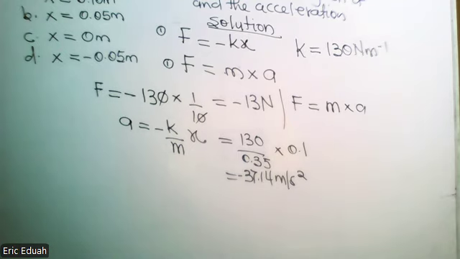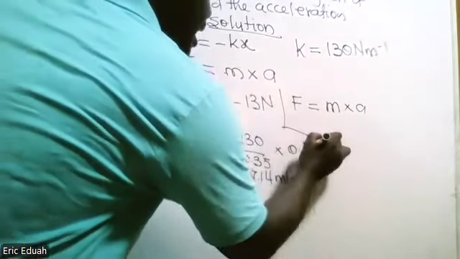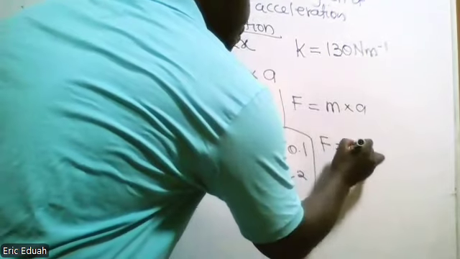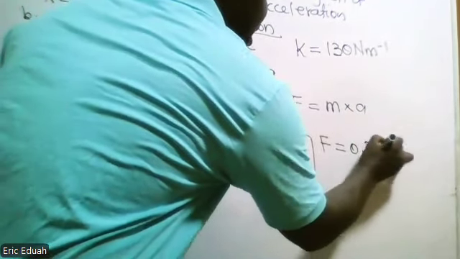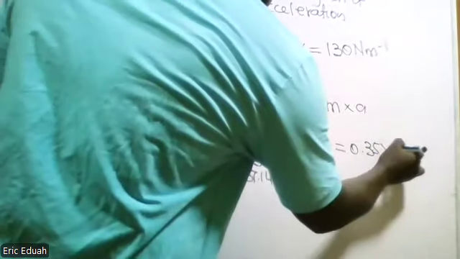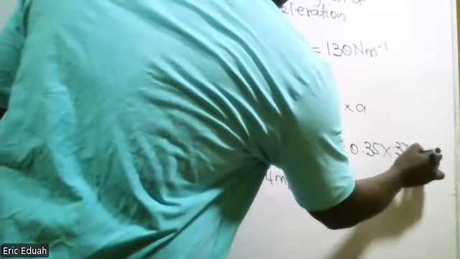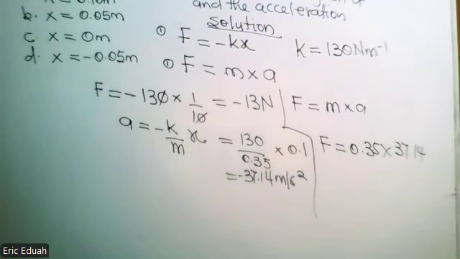So is the force too. If I use this to calculate the force, then F would also be equal to 0.35 times the acceleration, 37.14, and you need to get an answer close to 13 Newton. Let's confirm. 0.35 times 37.14 is approximately 13.